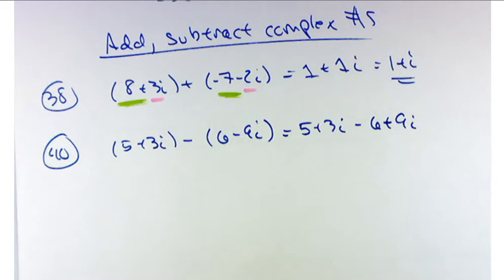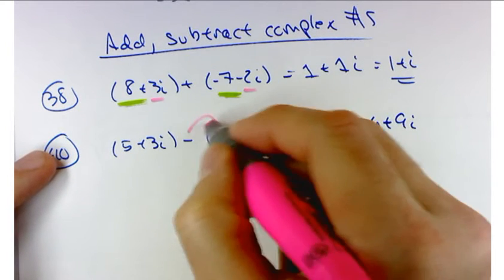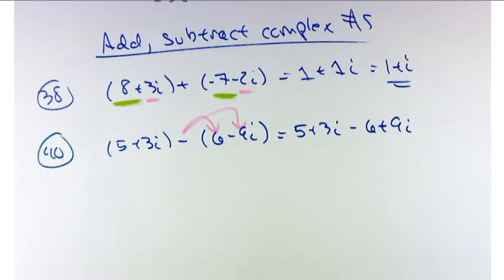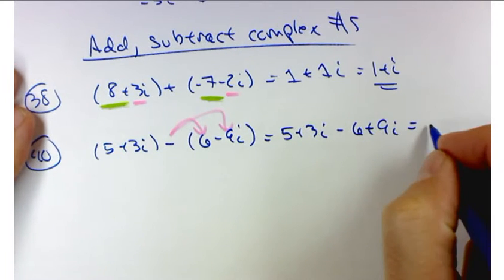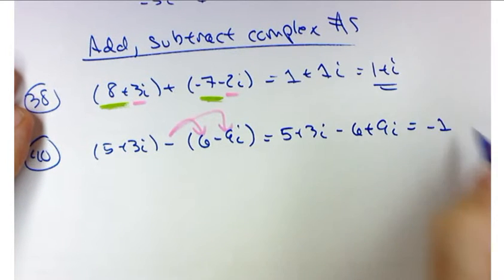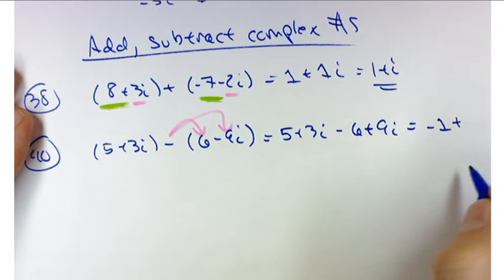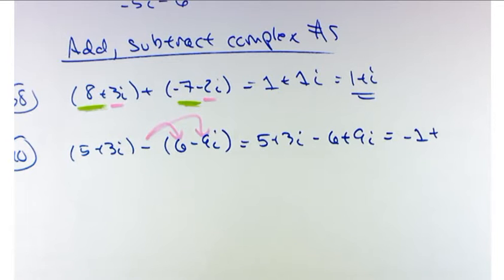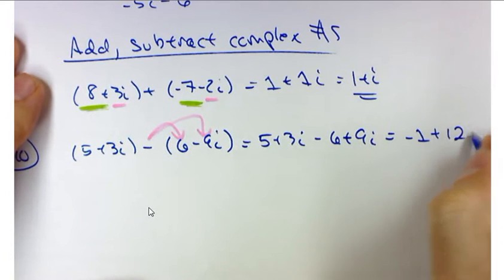But the important thing is that that negative sign has to distribute itself to both of these terms, here and then here. So it's going to change both of those signs. When I combine like terms, Micaiah, what would I get, please? Negative. Go ahead. There you go. Thank you. So -1 plus 12i. Good.